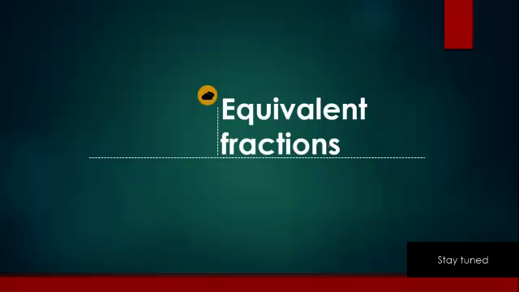The second partition we will go through is equivalent fraction. Equivalent means to be equal. How to find an equivalent fraction to this half? Okay, I'll try to multiply 1 by, say, 3. 1 multiply 3 will give me 3.